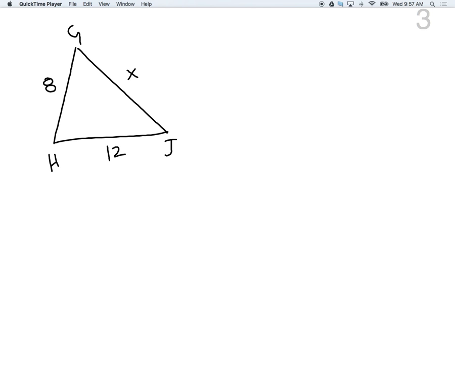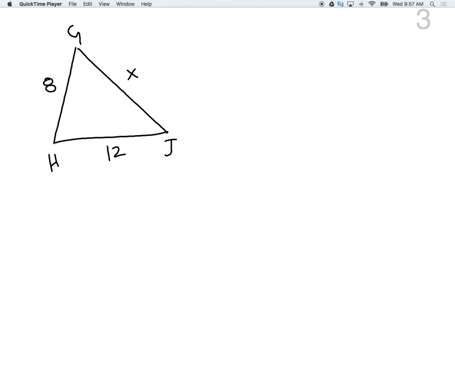Suppose I have a triangle. We'll call it G, H, and J. And I know that GH is 8, and I know JH is 12. How long is GJ? 6. Wait, never mind. No, not 6.